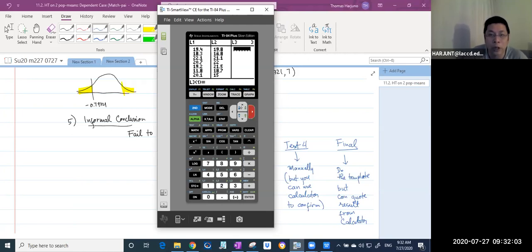That's not where you put it. You go upstairs, okay? Do you see that now? And then you do L1 minus L2, and it will fill it up for you. Okay, good.